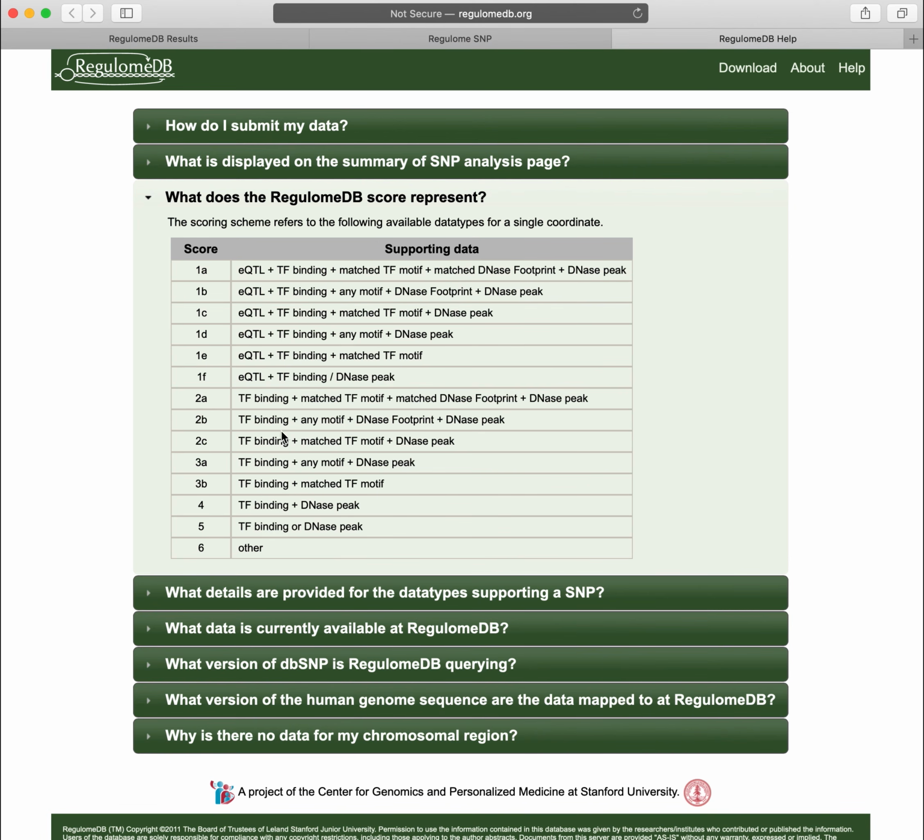For example, 2B implies that there is transcription factor binding at the SNP, and the SNP overlaps with some motif scanning results. The SNP is also within DNase footprinting region and DNase peak, which implies it is within open chromatin. So those are pretty good implications that this SNP is falling in some functional elements.